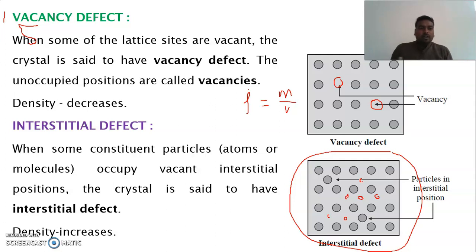That means some crystal lattice is already there, and to the vacant positions, some extra atoms come and enter. So here the mass of the crystalline lattice increases, the volume remains the same. That's why the density of the crystal lattice increases in the case of interstitial defect.